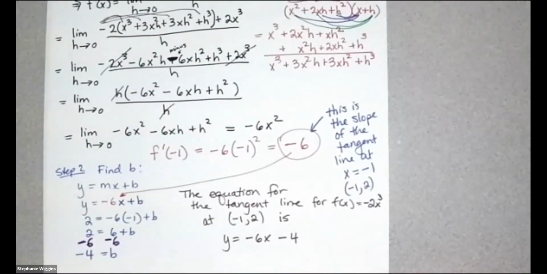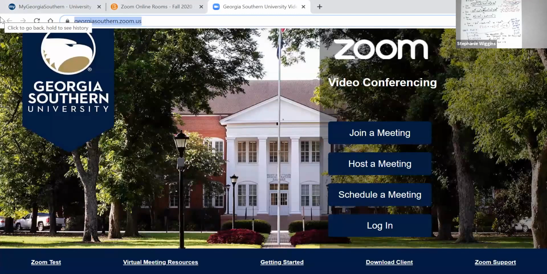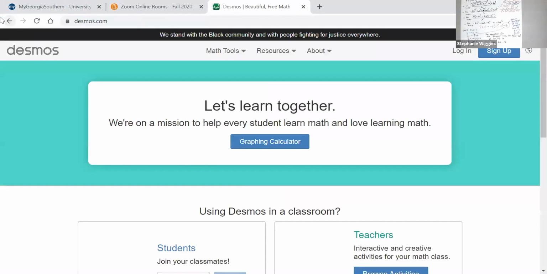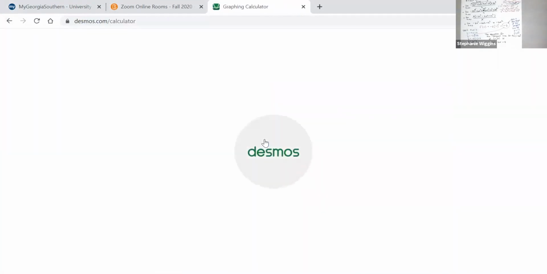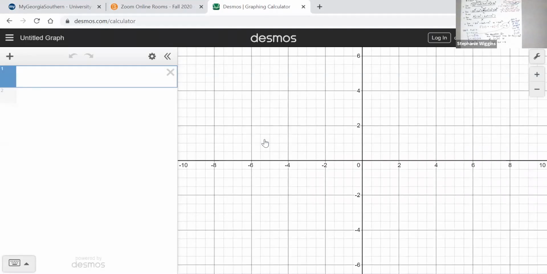So let's just take a look at the graph of that. I'm going to share my screen and we're going to go to Desmos and take a look. So my function is y equals negative 2x cubed.